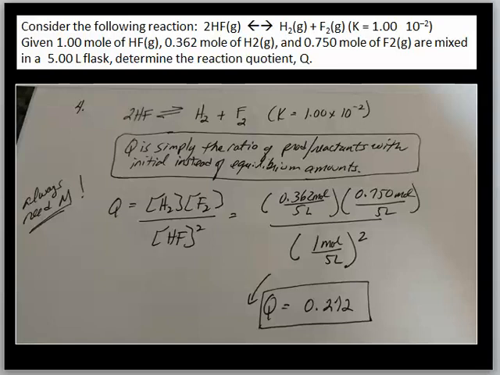So if you write your equilibrium expression, and again it's molarity, H2 times F2 divided by HF squared, and put in your molarities for those, then you get a Q value of 0.272. You then would compare your Q and your K to decide which direction your reaction would shift to reach equilibrium.